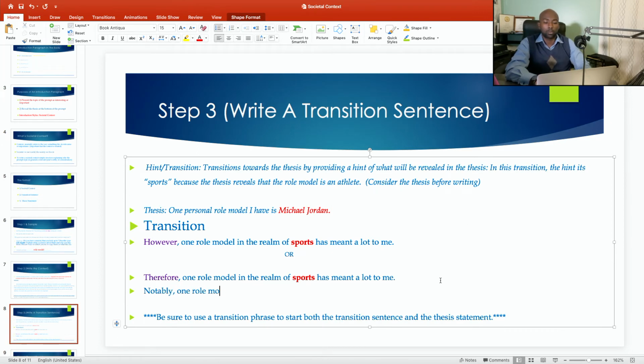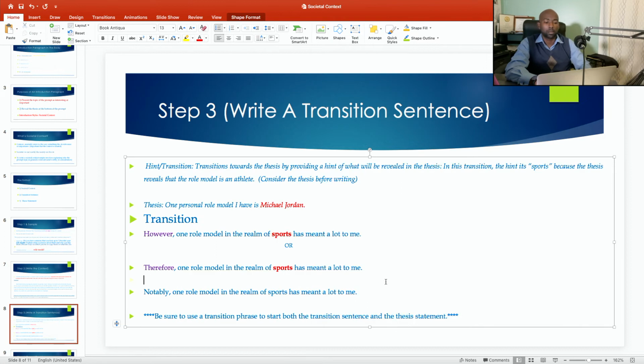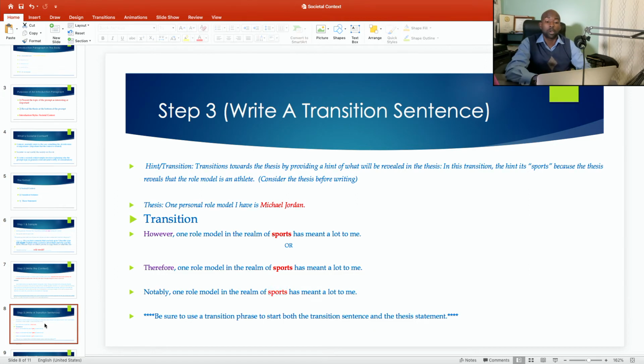One role model in the realm of sports has meant a lot to me. Okay, so mentioning sports is the clue. That's the hint. And so now we're set up to share our thesis statement underneath the transition sentence.